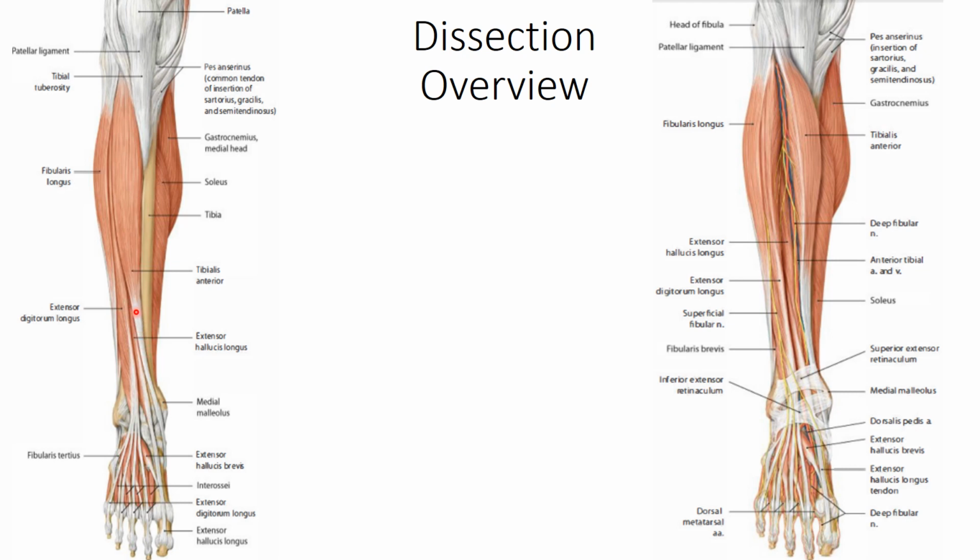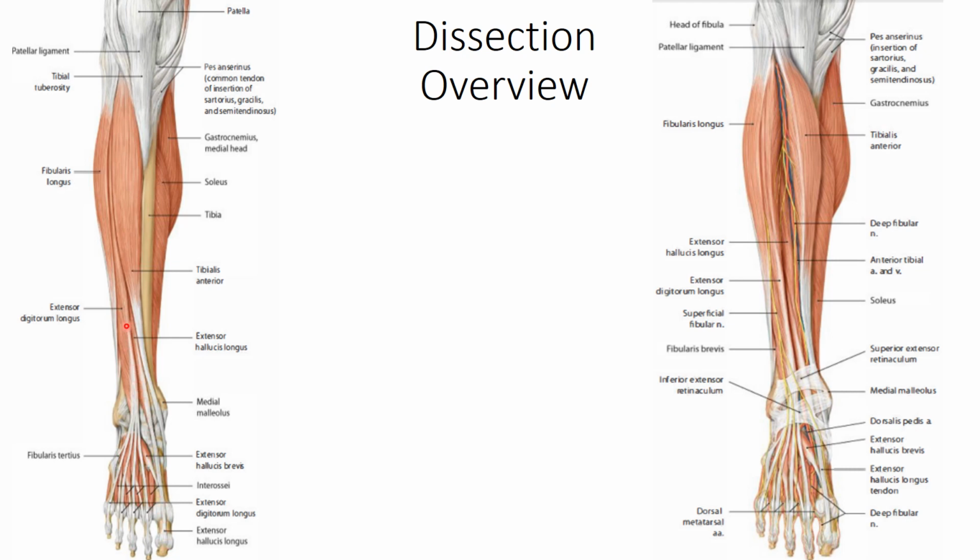Then there is the tendon of extensor hallucis longus, which is evident in the lower third of the leg, peeping through the gap between the extensor digitorum longus and tibialis anterior, and it is then attached to the hallux.